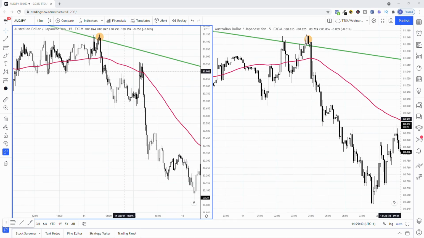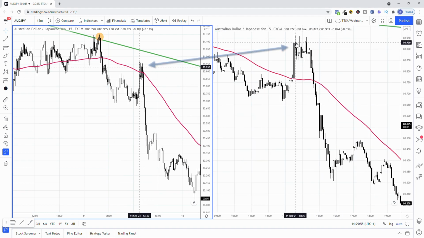So here with the 15-minute on the left and the 5-minute on the right, the point of interest is this area right here, which is this area right here.